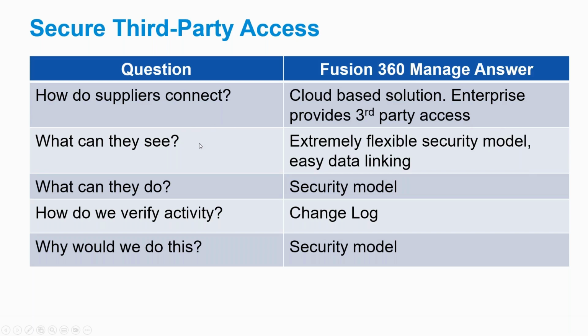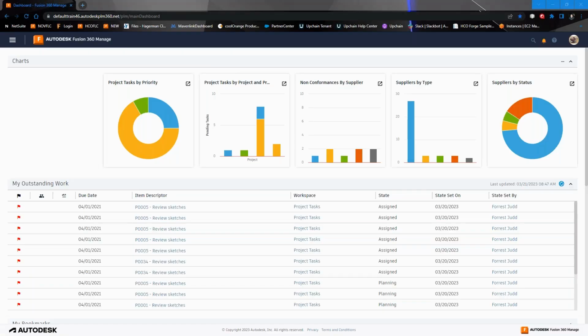Right? What can they see? Fusion Manage has incredibly fine-grained security controls. You can control access essentially almost down to the record level, or the field level, I should say.